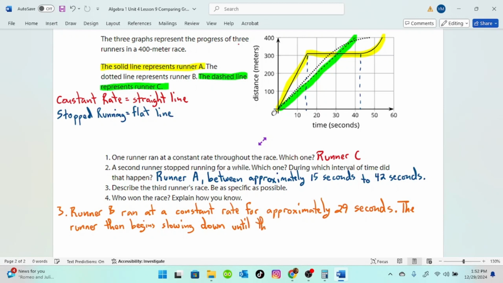Until they finish at approximately 48 seconds.